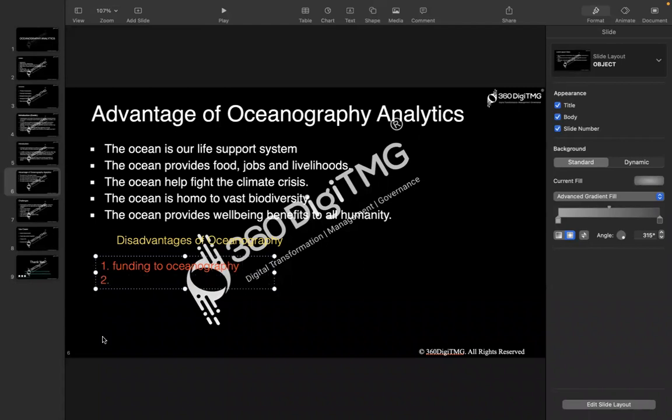So the first one is the funding for oceanographers. There is not as much funding for those working on oceanographic topics. Then the second is the education requirement.